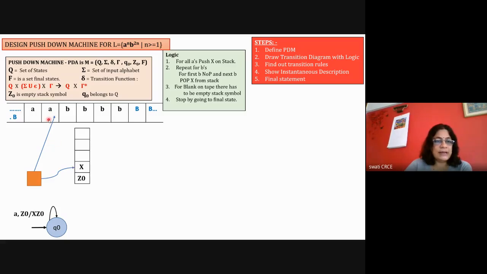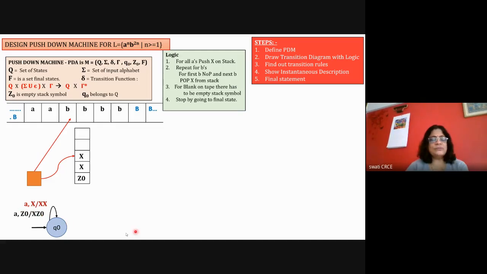Now this is the current situation in the machine. The machine is ready to read the next symbol, and the top of the stack is capital X. So here in the state Q0 only, the situation is A comma X.